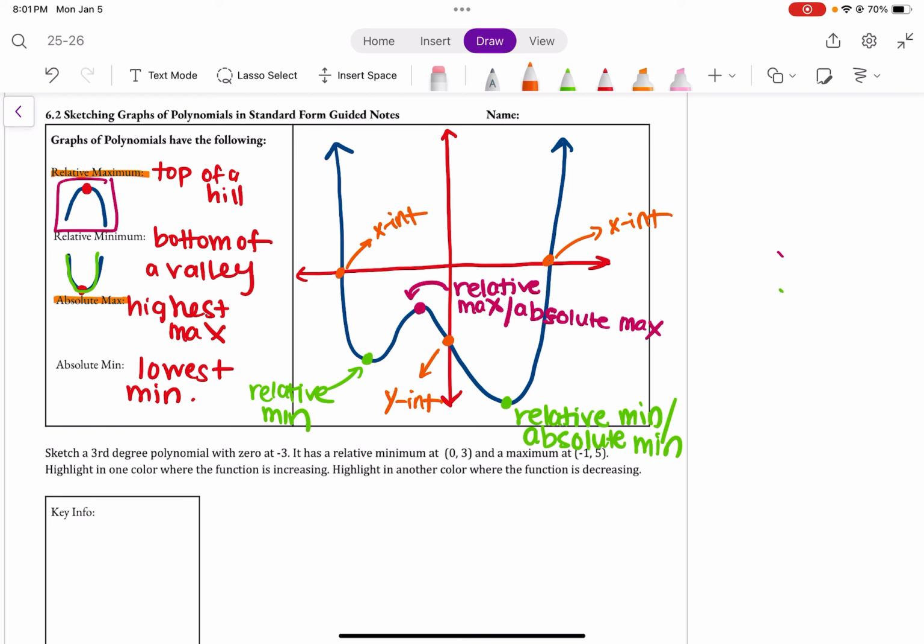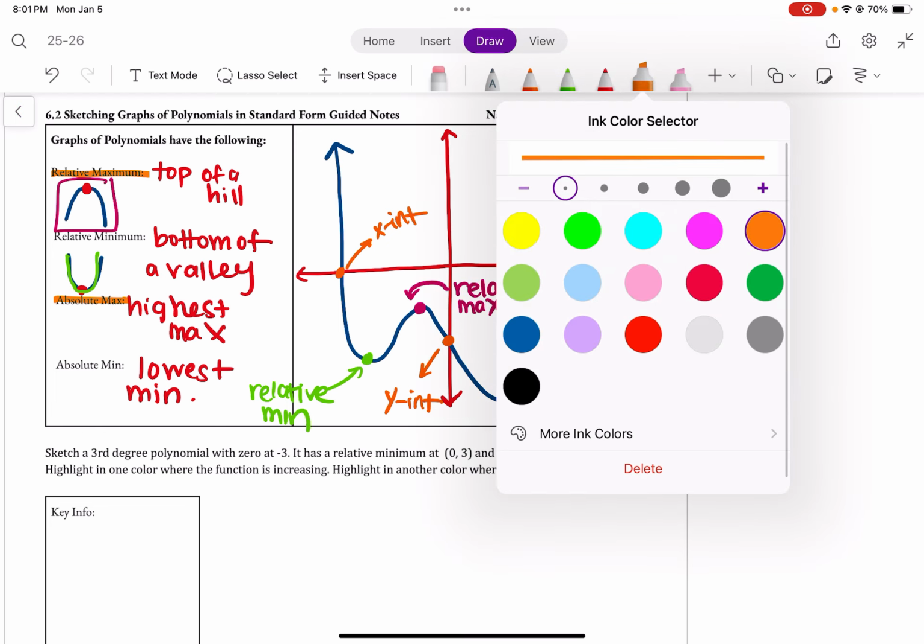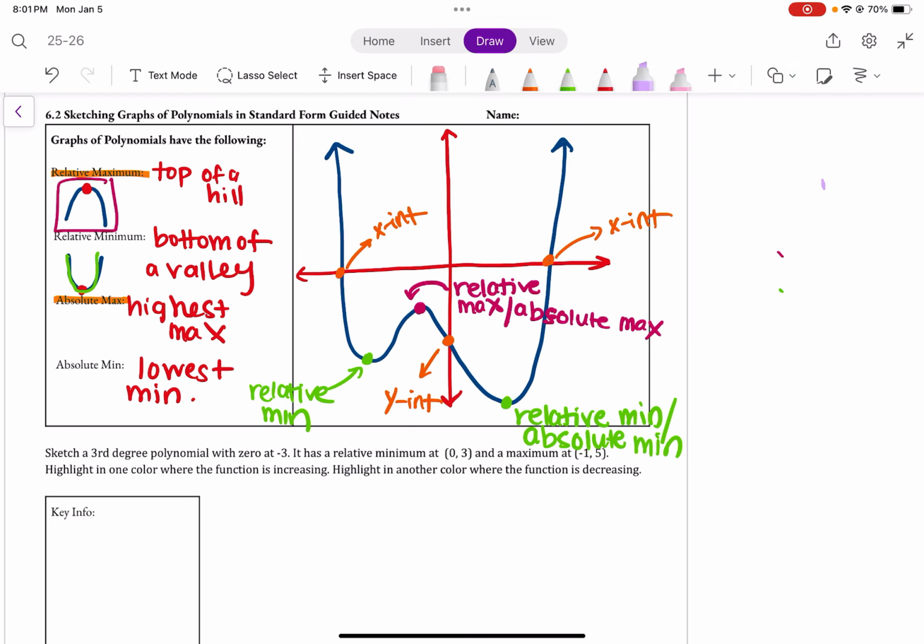Then you should know how to identify when it's increasing or decreasing. Remember, increasing, we always go from left to right. I'm going to make increasing purple for me. Again, you should grab two colors or a pen or something. And decreasing is going to be pink for me.